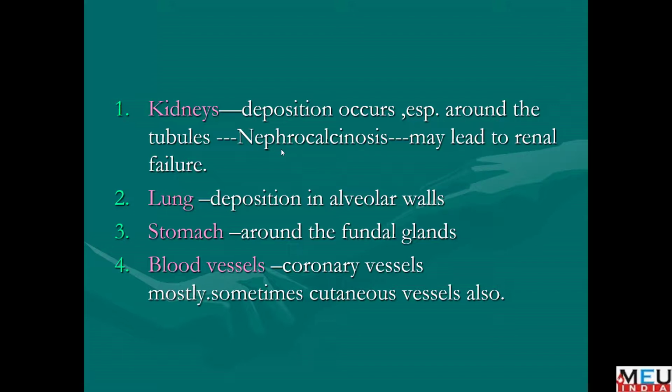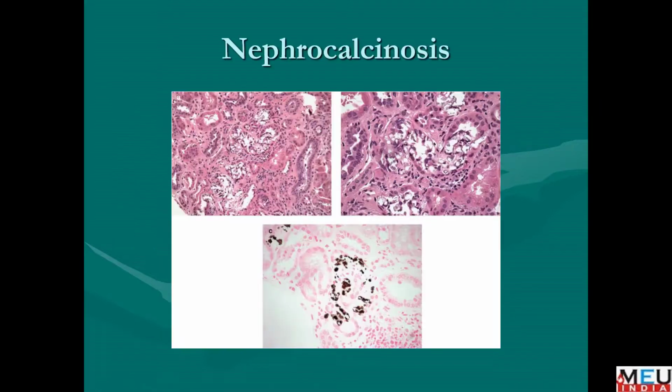In the lungs, deposition in alveolar walls. In the stomach, around the fundal glands, and in blood vessels, the coronary vessels mostly, sometimes the cutaneous vessels also. So this is the slide of nephrocalcinosis. In the kidney, we get a deposition in the tubule.